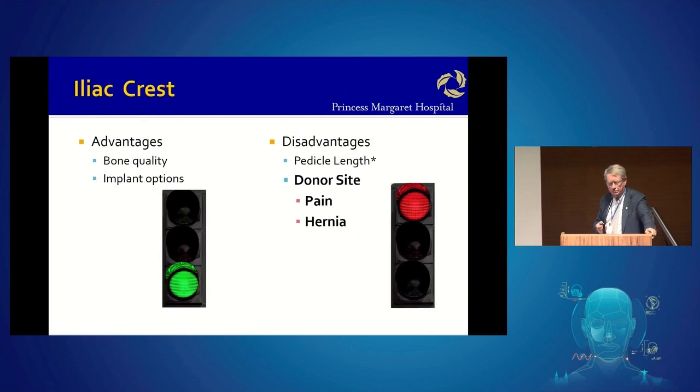The advantages of it are the bone quality is really excellent. There's great implant options. But from our perspective, the pedicle length can be a problem. You can extend it by moving the bone flap back a little bit on the crest. But the donor site, in terms of pain and hernia formation, has been something that's really stopped us from using it routinely.